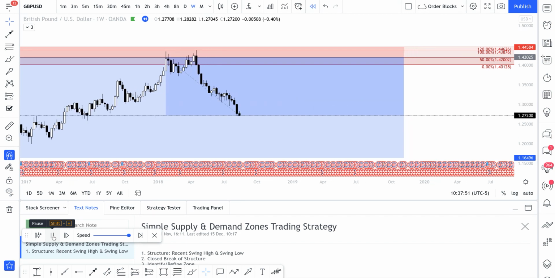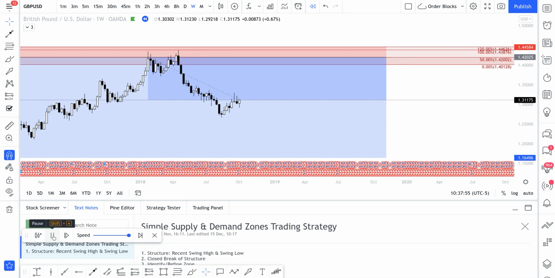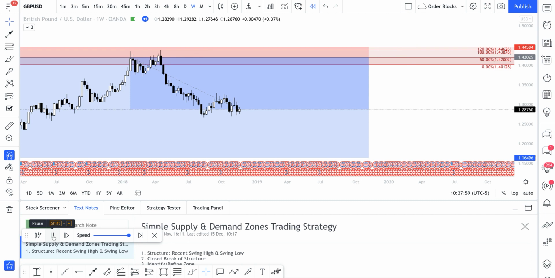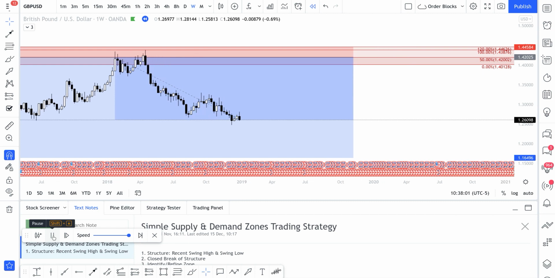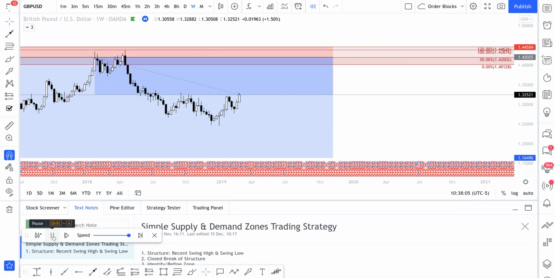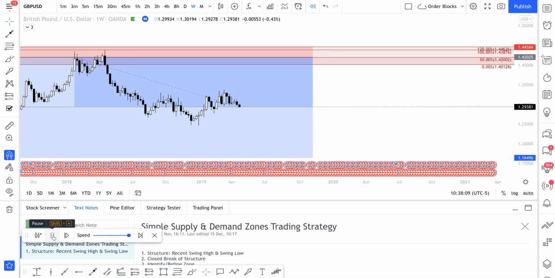Now this is definitely going to be a severe dose of patience if you're actually trading this on the weekly. So just watch this get played out.